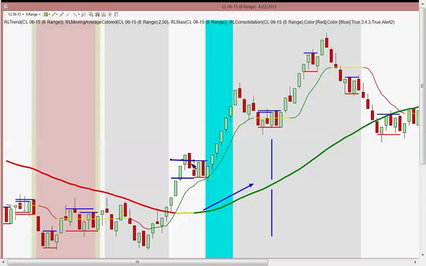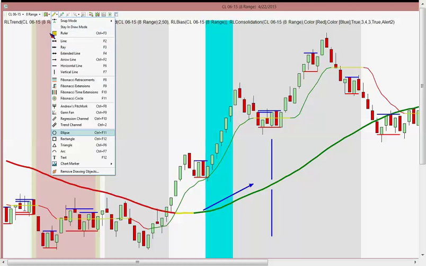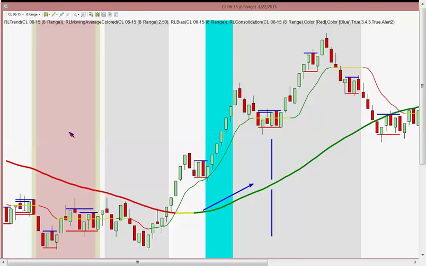We have it set at 13 ticks, which we believe is the optimal channel size that you want. Now I just added these blue just to highlight it, but this is really all you need right here. And this is a pattern that's going to recur over and over again throughout the course of the day. You're going to see it keep recurring.